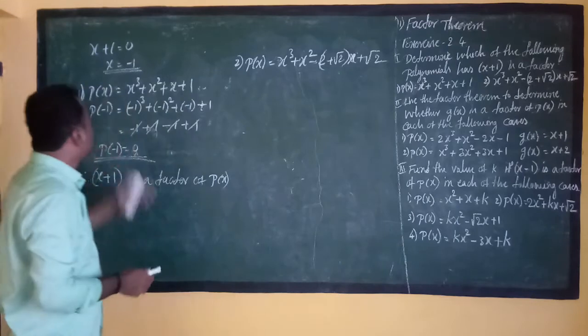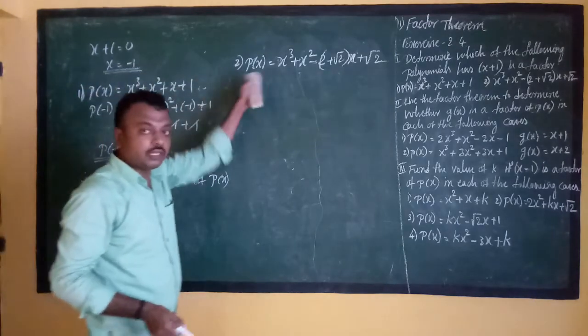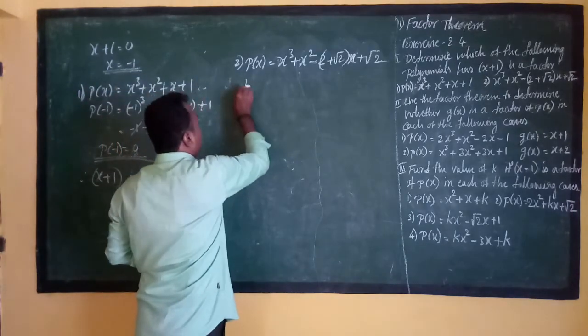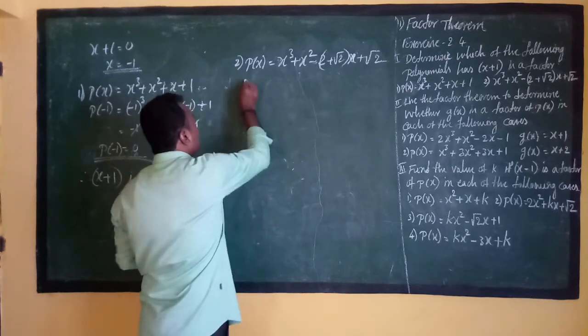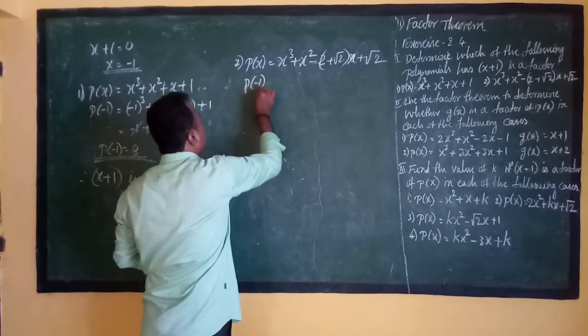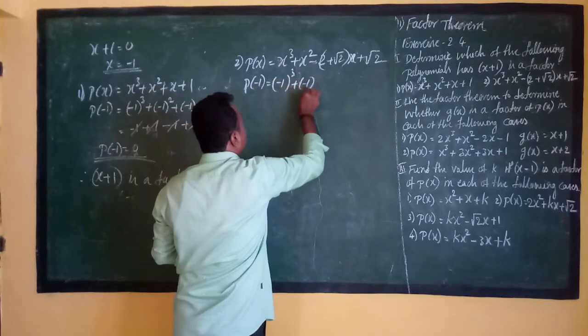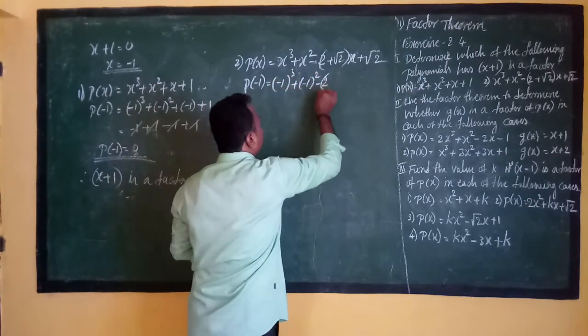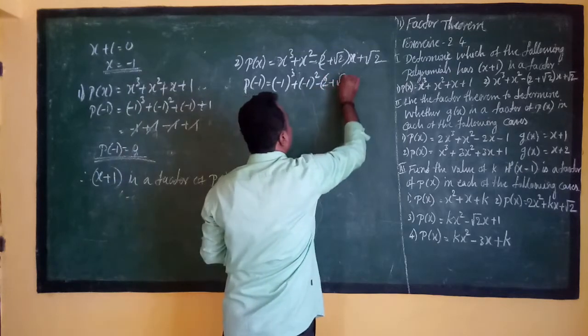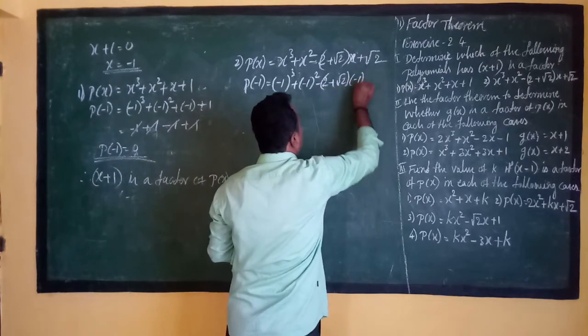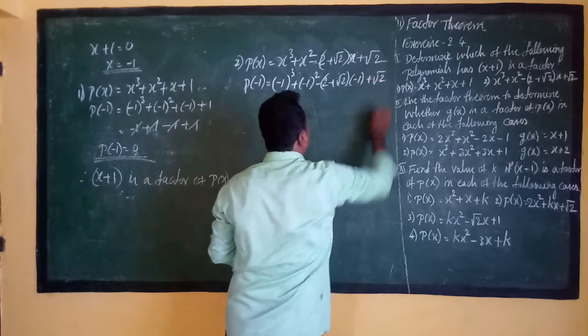Same x value we have to substitute here. P of minus 1 is equal to minus 1 whole cube plus minus 1 whole square minus 2 into 2 plus root 2 into x, means minus of 1 plus root 2.